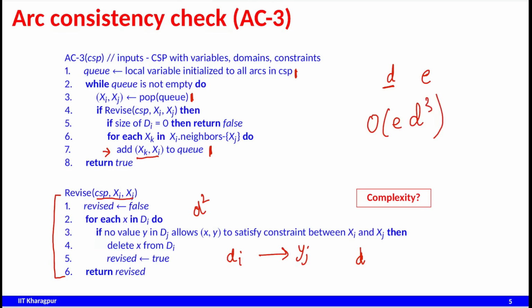So this iterates a maximum of e d times, because there are all the edges and each edge can appear d number of times, and for each of these combinations I spend d squared amount of time. So effectively it will be e d cubed. This is the worst case complexity. It can be much less in many practical scenarios.